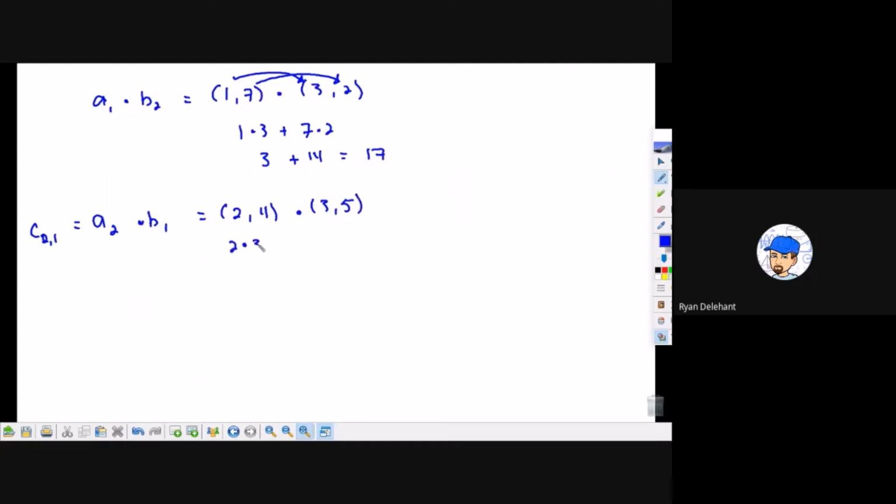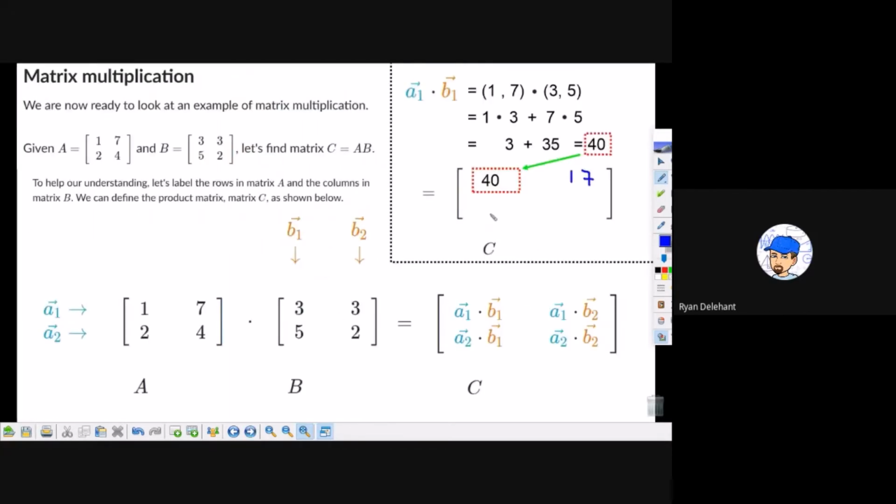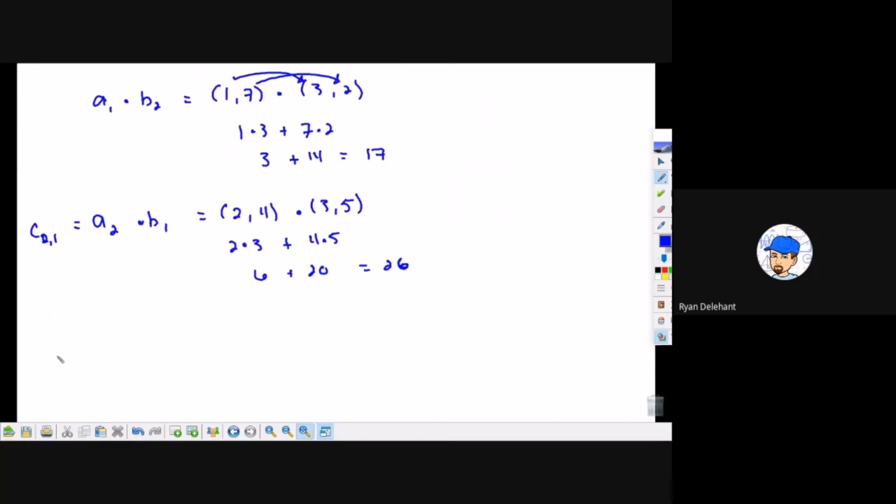So that's 2 times 3 plus 4 times 5. So that's 6 plus 20. That one's 26. So that means this element is 26. Last one, 2 and 2. So this is C's position 2, 2.